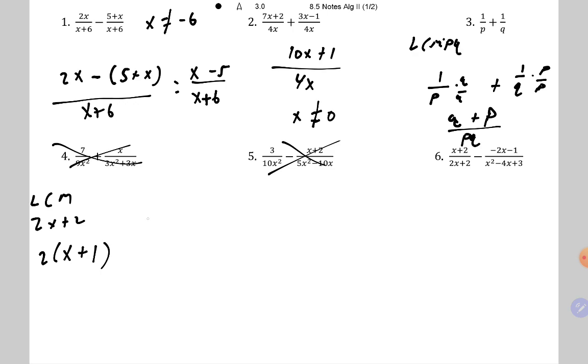And then we have the other number, x squared minus 4x plus 3. That factors into x minus 3, x minus 1.